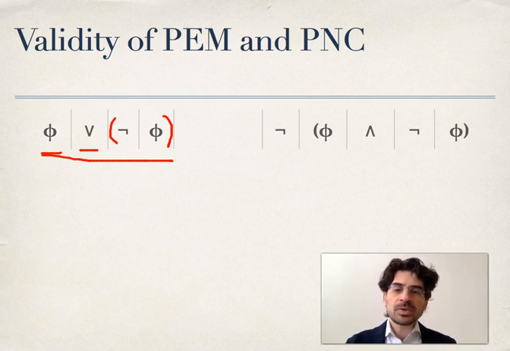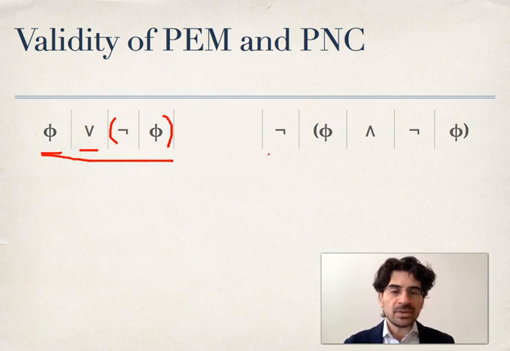So this principle says that either things are in a certain way or they are in the way opposite to that. Here is an example. The sun is shining or the sun is not shining. It's called the principle of excluded middle because a third possibility or middle possibility is excluded by this principle.